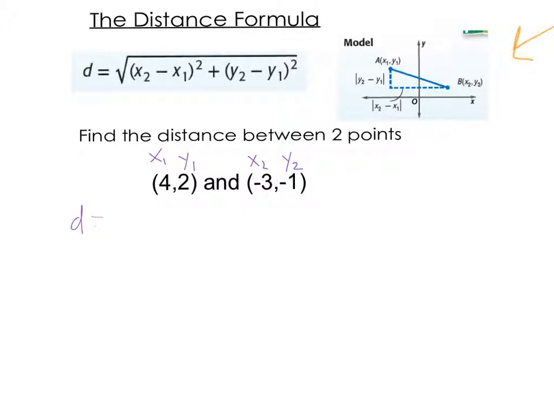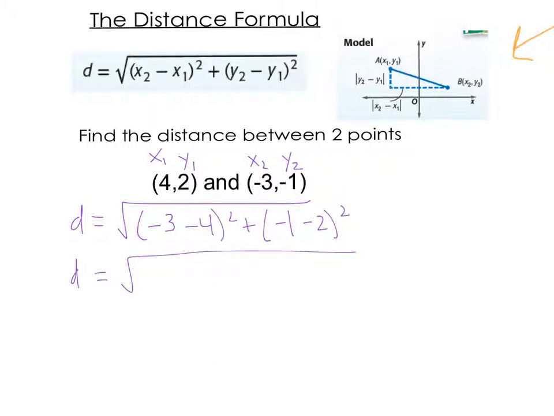So if I go ahead and use this formula, I'm going to write d for distance equals the square root of, now I need x2, which is negative 3, minus 4, the quantity squared, plus y2, negative 1, minus 2, the quantity squared. So distance equals the square root. Negative 3 minus 4 is negative 7 squared, plus negative 1 minus 2 is negative 3, the quantity squared.